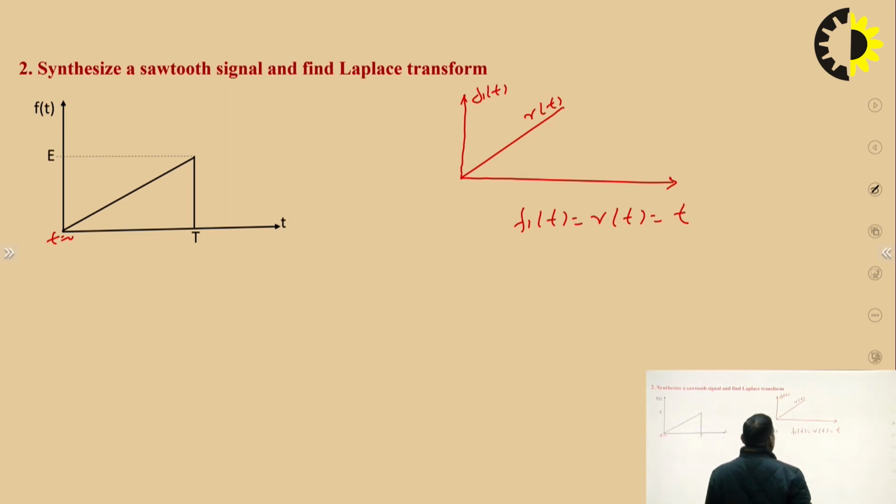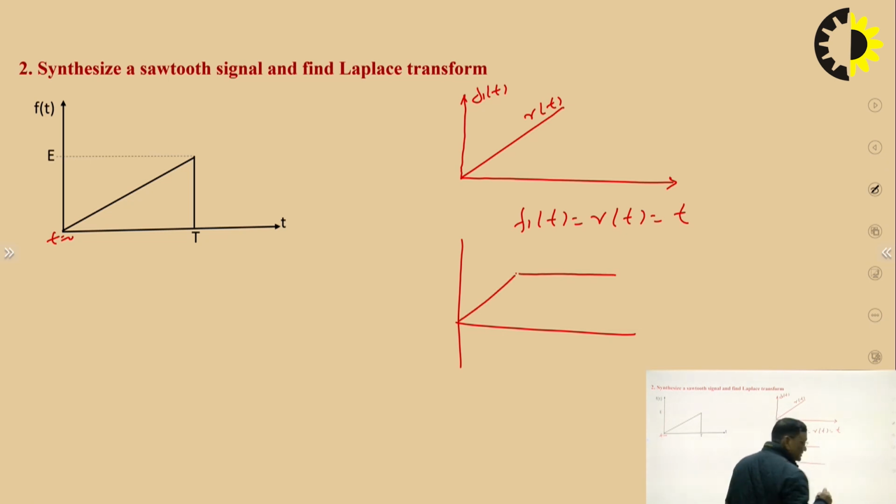Suppose you take another wave shape. Try to understand this one. What is the equation of this line? What is the difference between this and this? Here it has a constant slope of 1, whereas we can see that after some time t, the slope becomes 0.